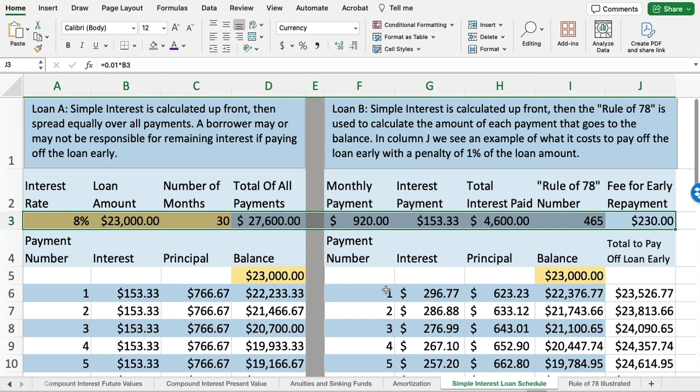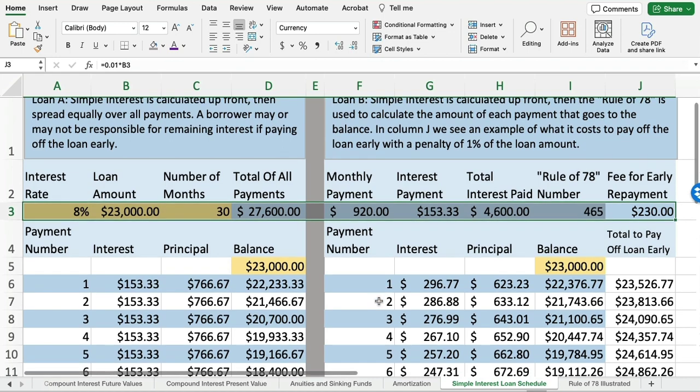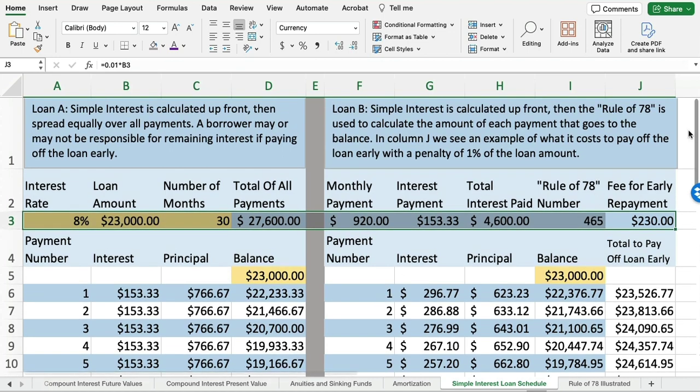I think we're going to have to finish this spreadsheet in the next video, so I'm going to split this into two. Now that we have all of these numbers in row 3, we can move on to actually do some comparison between our different loans.